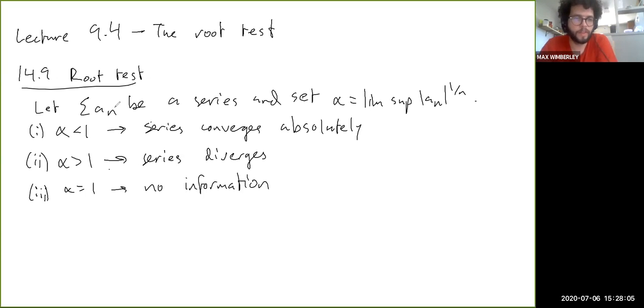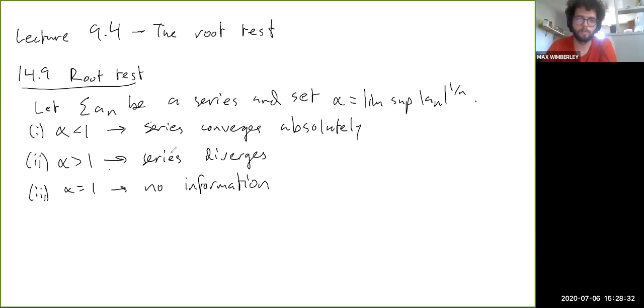And so this should kind of make sense because basically, if alpha is less than 1, then at worst, the terms an look similar to alpha to the n, right? And we know that if we sum up a geometric series, if the base of the exponent in the terms is less than 1, then the series converges.